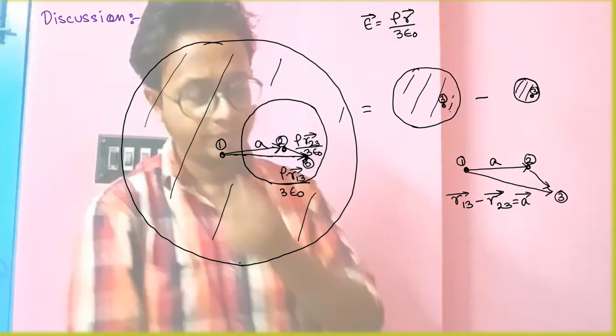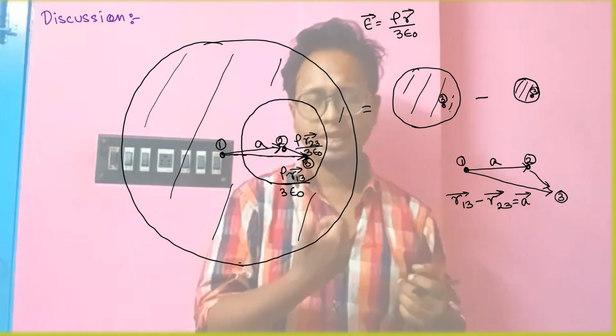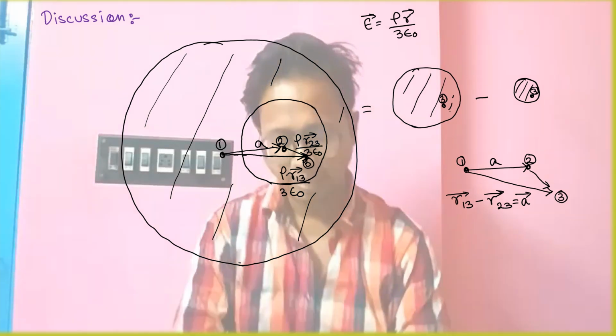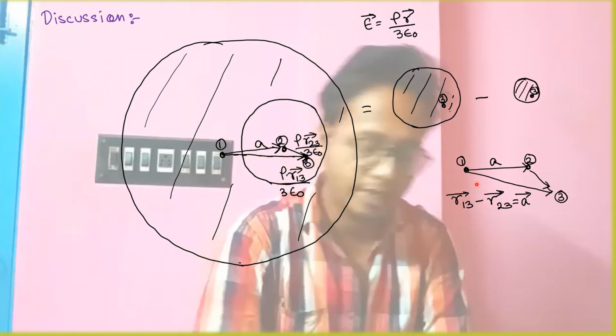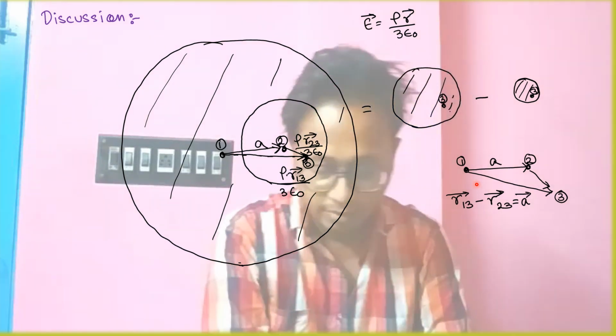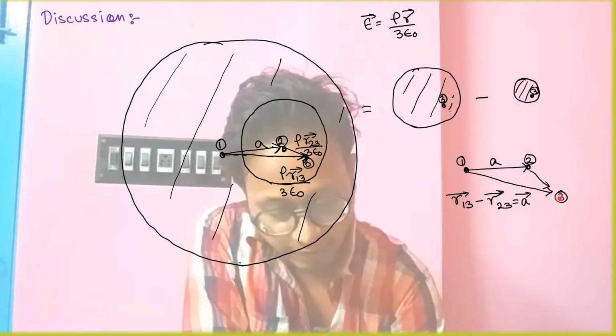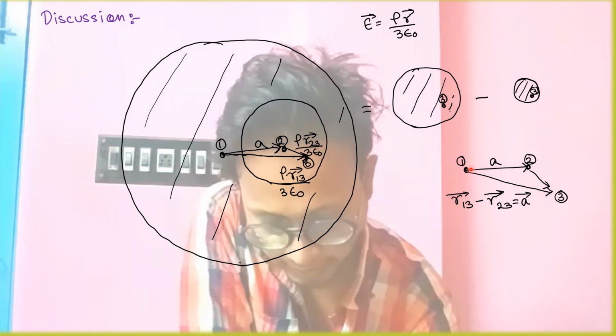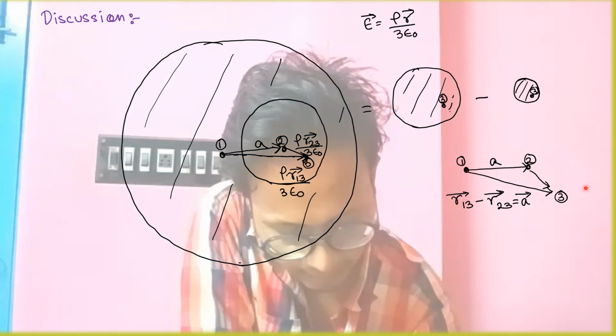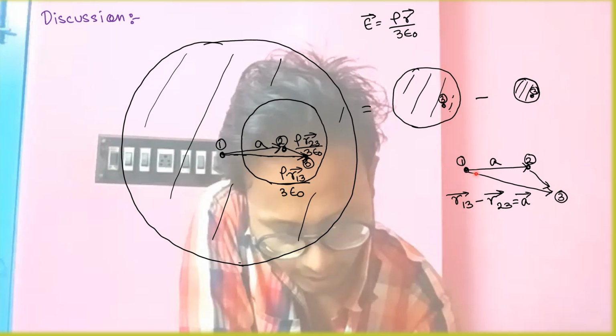You can apply any vectors now. Since I have drawn a head-to-tail configuration, you can apply the triangle rule. So R13 vector minus R23 vector is always the a vector, isn't it? See, a plus R23 is equal to R13.